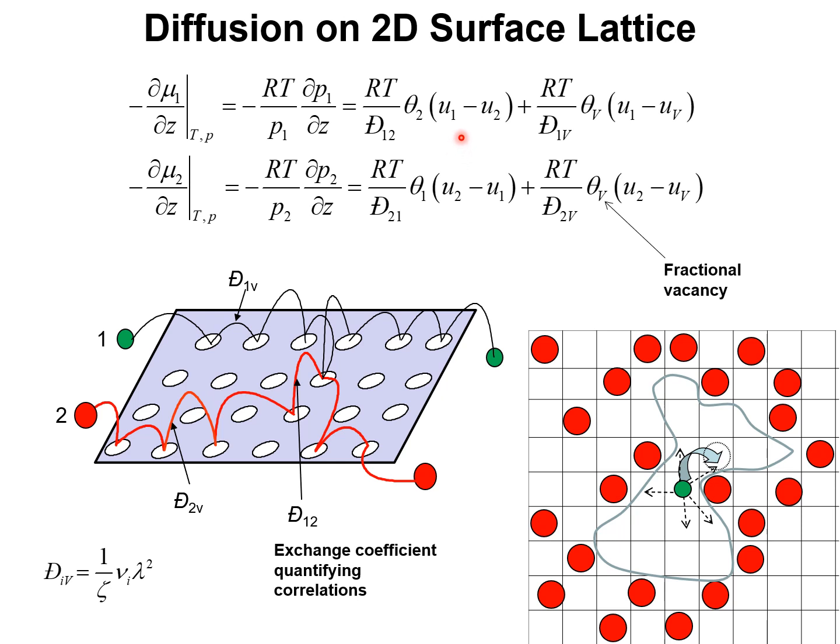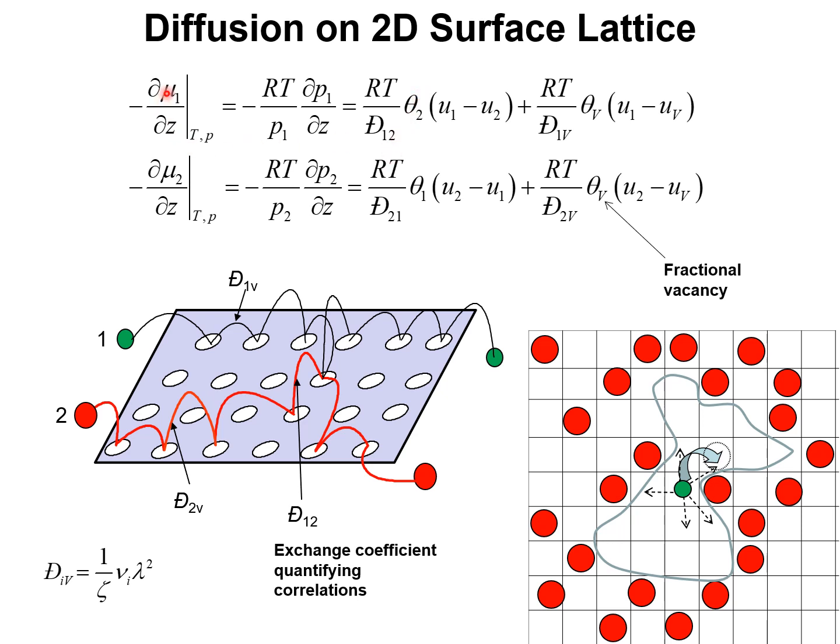In addition, there is another frictional contribution that describes the friction between 1 and 2. This is essentially a description of how the motion of species 1 correlates with that of species 2.